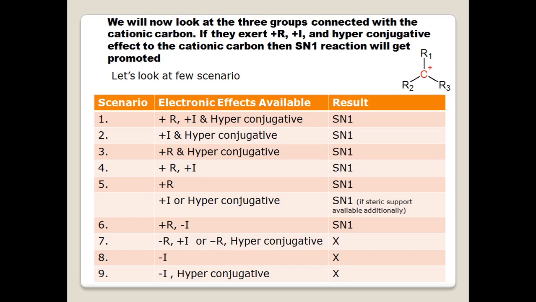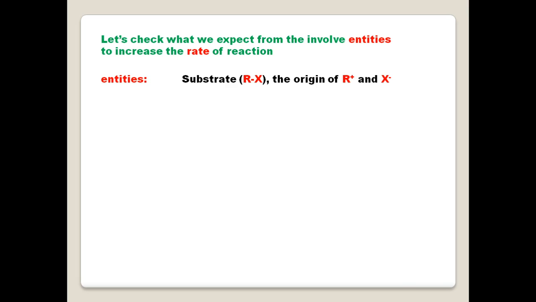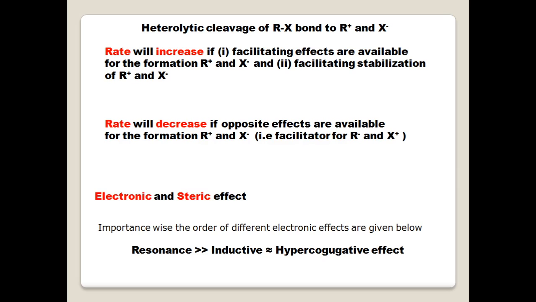Now, just before two slides, I want to tell you that the electronic effects and steric effects I will consider, and in electronic effects the resonance effect you should give much more priority compared to the inductive and hyperconjugative effect.